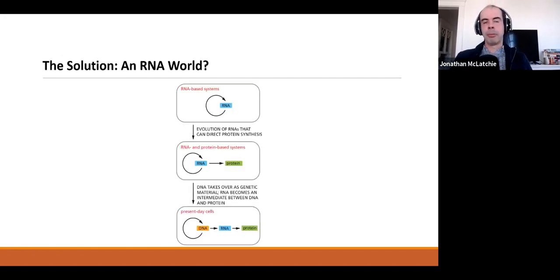So origins of life researchers are, of course, again, very aware of this problem, and so they put forward what's known as the RNA world scenario, which is to say that the first genetic material was actually not DNA, but actually RNA.